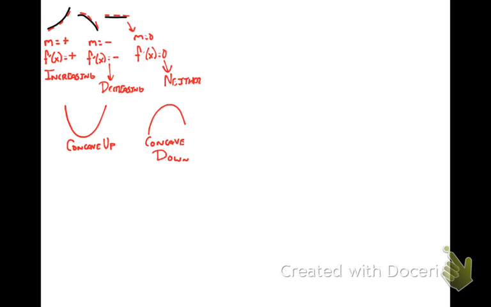Now let's consider what's happening to the tangent lines as we move around a curve that is concave up. So notice this first tangent line on the left is very negative, it's very steep. And as we move to the minimum of our graph, it's going to 0. So we started off as negative, went to 0, and now the tangents, their slopes, are getting more and more positive, steeper and steeper and steeper.